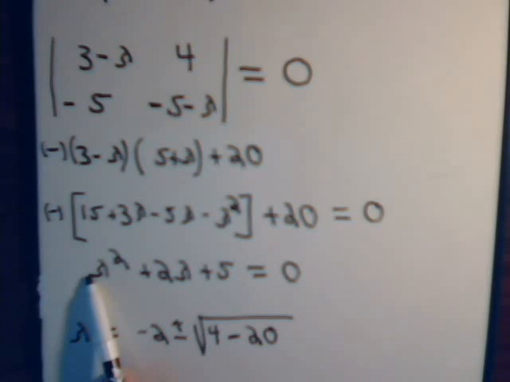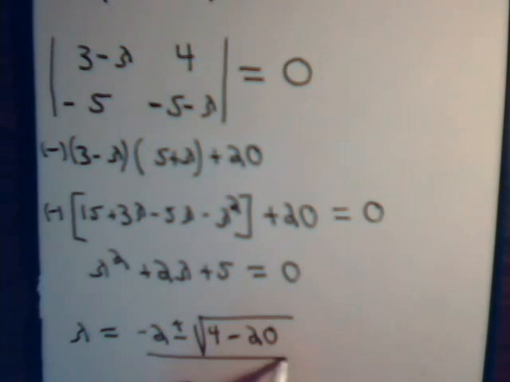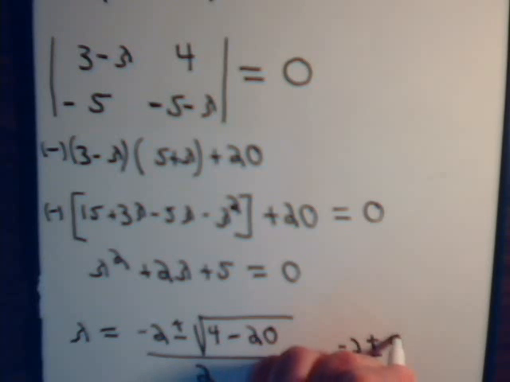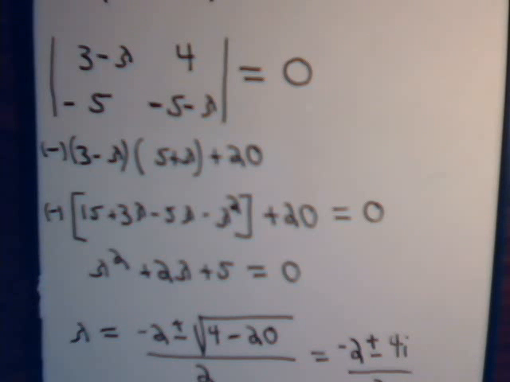A is the coefficient of lambda squared, which is 1. C is this, so we have minus 4 times 5, minus 20 here, divided by 2a. So that's just divided by 2. So here we have minus 16, so this is minus 2 plus or minus the square root of minus 16, that is 4 times i, divided by 2, or this will be minus 1 plus or minus 2i.